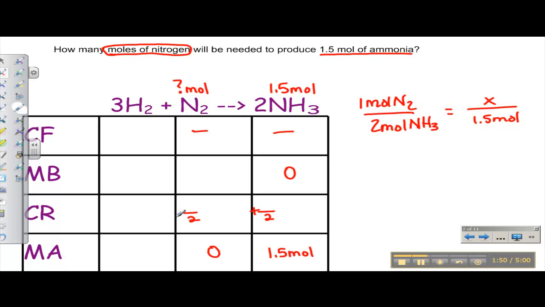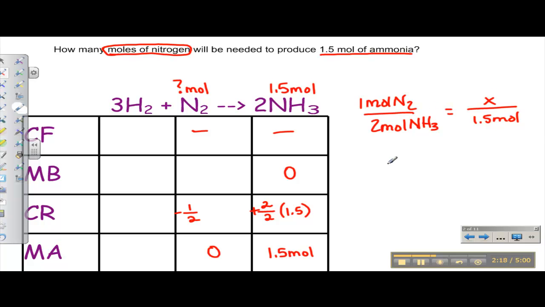Remember, there's plus signs on the products, negative signs on the reactants. The top of the fraction is the same as the column that you're in, and in this case, we're using our 1.5 that's given. Notice that if we start with 0 and we want to produce 1.5 moles, that's what we get. So here we have our 2 on the bottom, and we're going to put 1 on the top for our nitrogen.